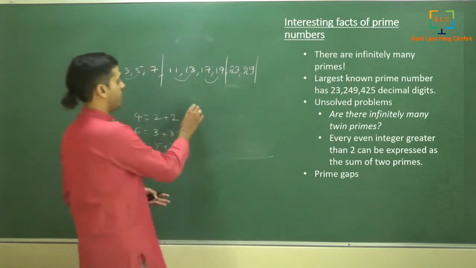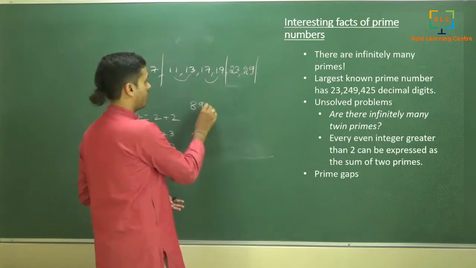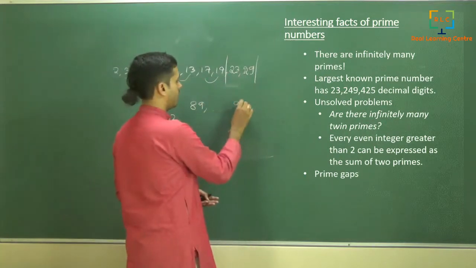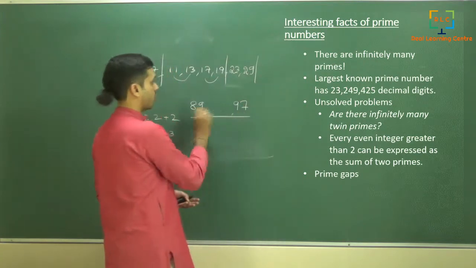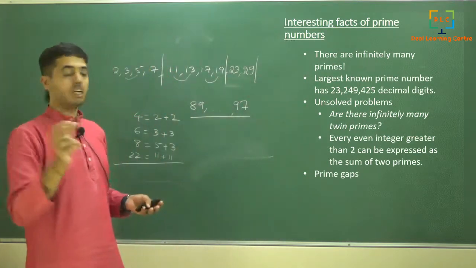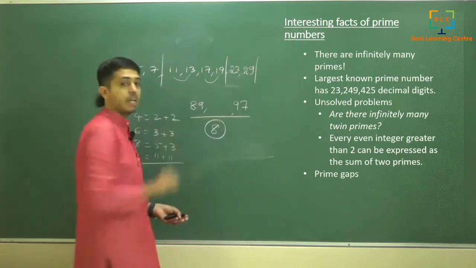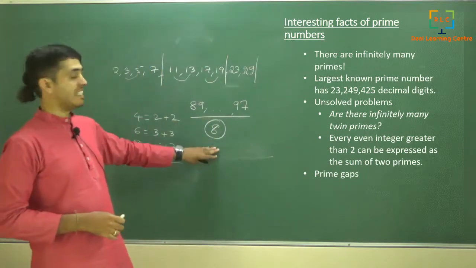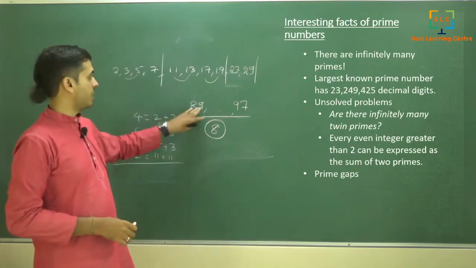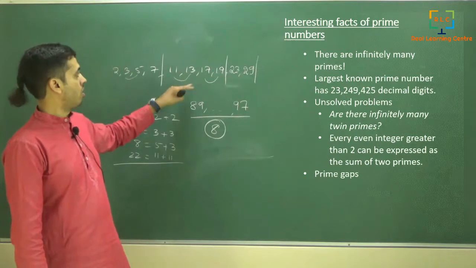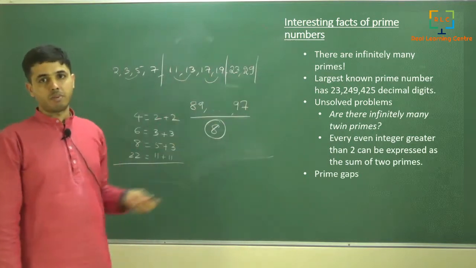It's said that after 89 the next prime number is 97. So the prime gap, the gap between 2 consecutive prime numbers, here it's 8. The first time the gap of 8 is introduced is between 89 and 97. Till then you can see the gap is 2 or maximum 6.